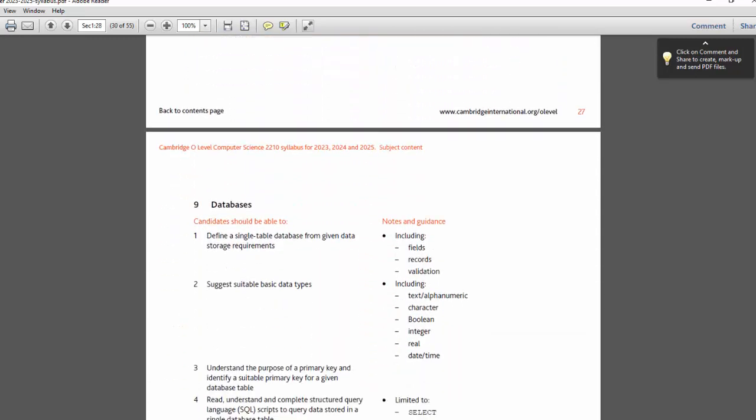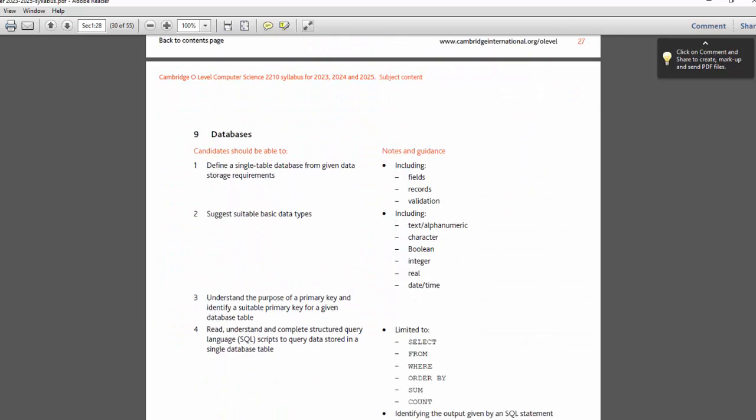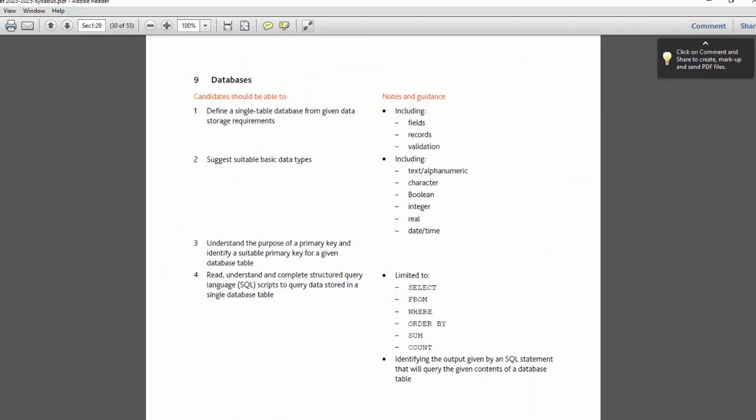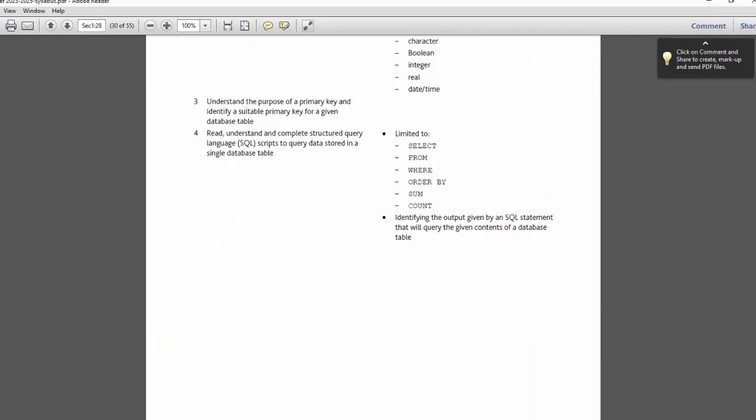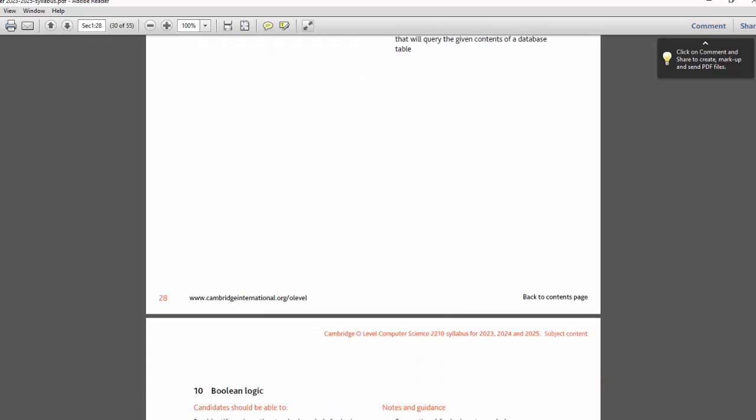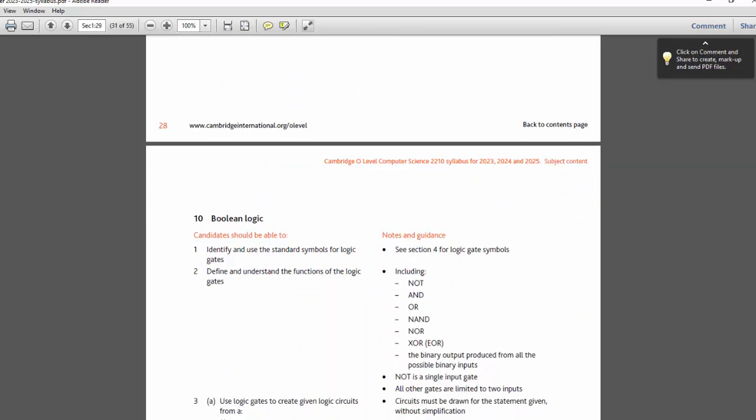Okay, this is a database. So we have to study SQL, and we used to study functions: select, from, where, order by, sum, count. This is new content. Boolean logic, of course: NOT, AND gate, NAND, NOR, XOR.